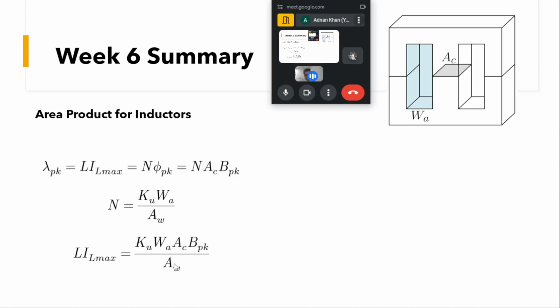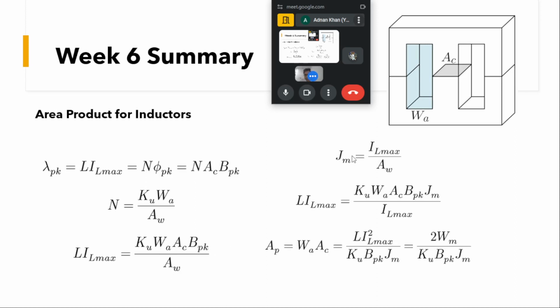We can substitute for Aw using the current density, which is the maximum current flowing divided by the area of the conductor. This current density is usually in ampere per mm square. Substituting Aw, we get L IL max equal to Ku into Wa Ac B peak J divided by IL max.